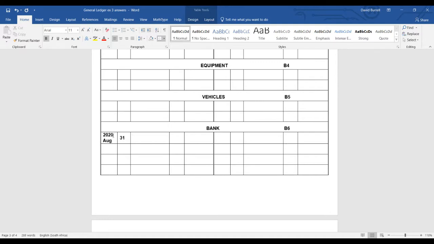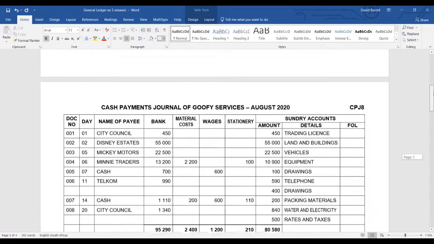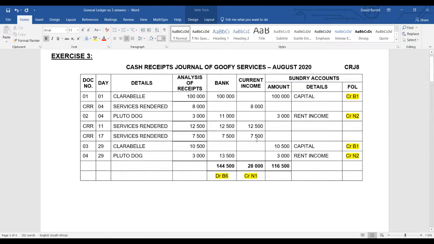It's coming from the cash receipts journal, so I think we know by now. We say total receipts. And from the cash receipts journal, and it's for August, which is the 8th month, so it'll be CRJ8. Okay, so CRJ8 is what we've got over there. Now, the amount, if you'll recall, I'm not going to go up and down the whole time, but let's just look at the total of the bank column.